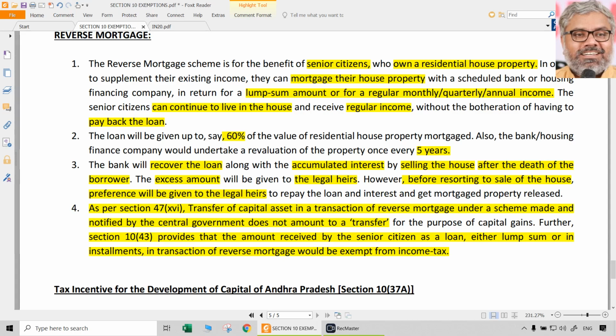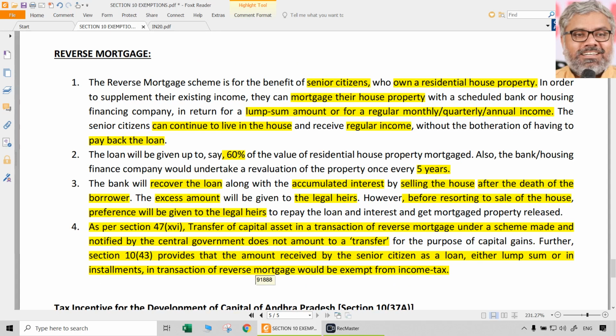So no capital gain, no income from other sources, nothing is taxable in the hands of that senior citizen. So reverse mortgage for the senior citizen is completely exempt. When he transfers his property in the form of reverse mortgage, it is not a transfer. Even when he receives money from the bank, whatever the form, whether installments or lump sum, that is also not taxable because it is exempt under section 10(43).